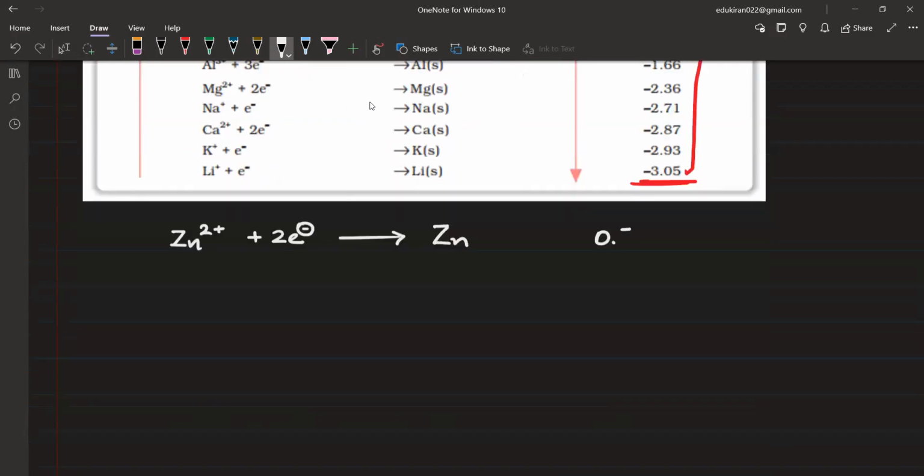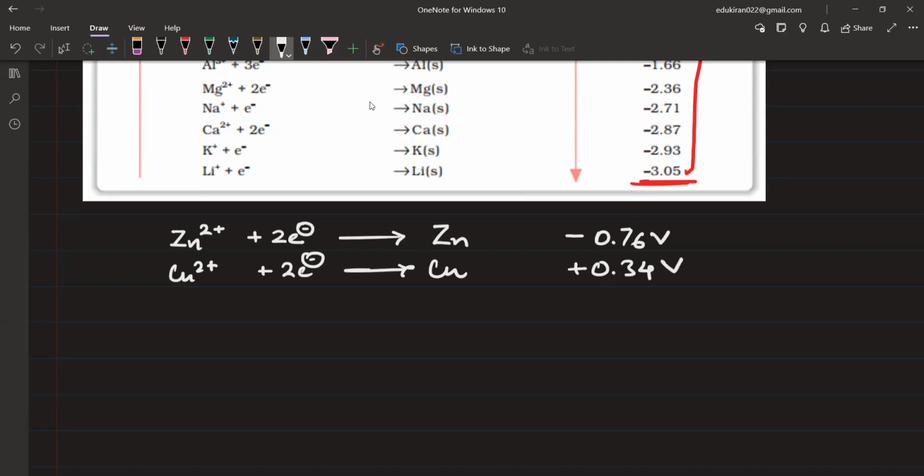Okay, fine. And for copper, tell me, copper 2 plus 2 electron. 0.34. Okay, this was minus. Okay, sorry, this was plus. Am I right with the signs? Please tell me, yes or no?